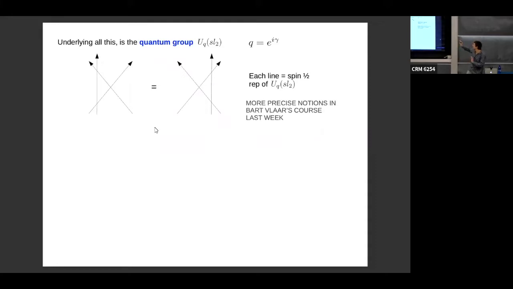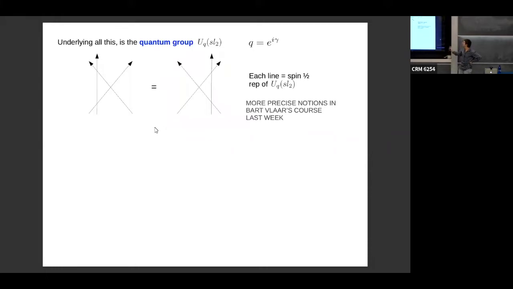Basically the idea is that the Yang-Baxter equation you can view as derived from an underlying algebraic structure, which is a quantum group, a kind of deformation of the usual SL2 algebra. So you have representations which are like those of the SL2 algebra, spin 1/2, spin 1, and so on. But they're deformed by some parameter q related to the anisotropy by this formula.